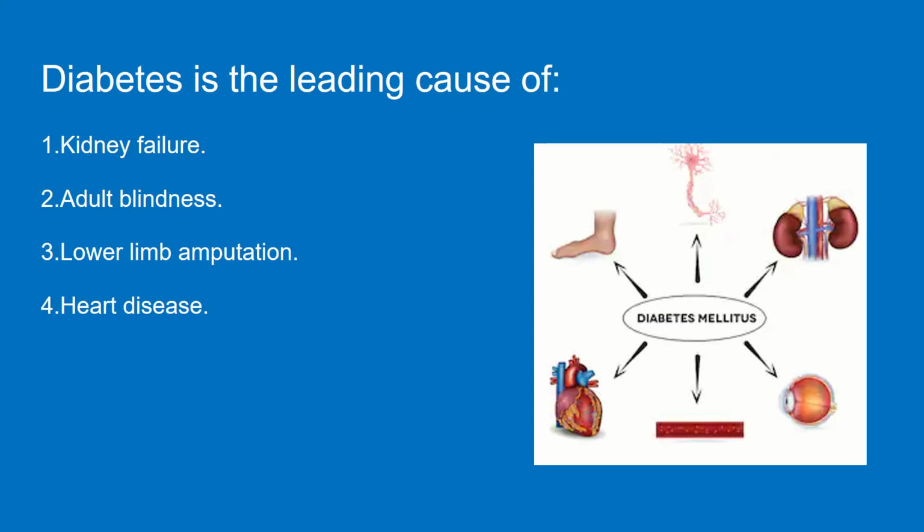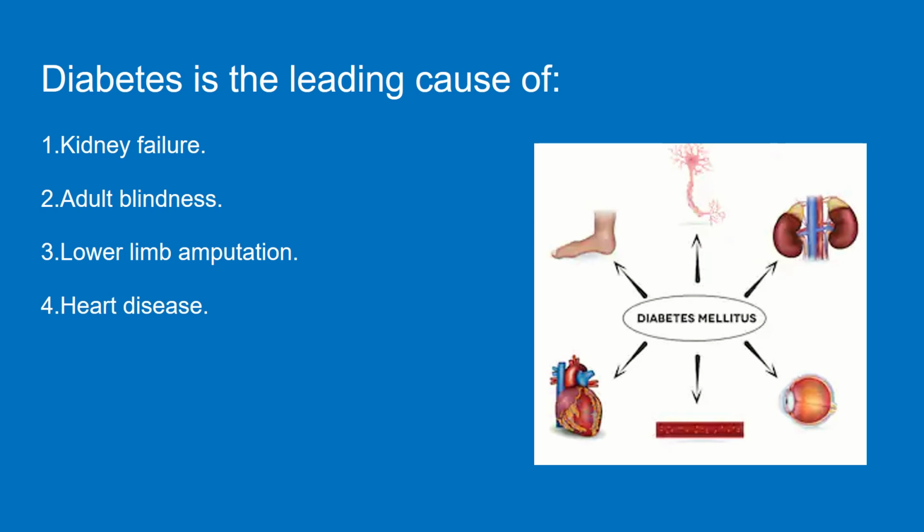Diabetes is the leading cause of kidney failure. Nephrons of kidney are destroyed by excess glucose in the filtrate. Adult blindness. Excess glucose in blood destroys blood vessels to eyes, thus causes blindness or blurred vision. Number 3.